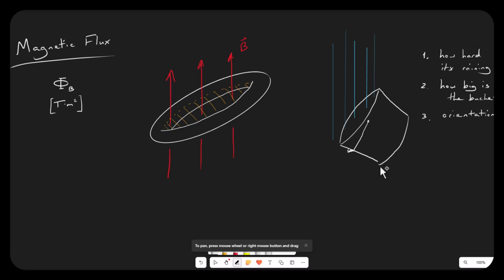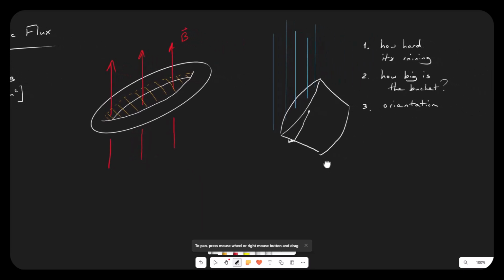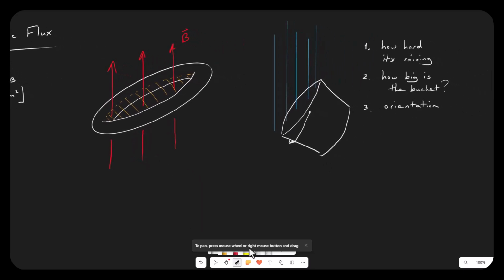So now we want to turn these into magnetic quantities. How hard it's raining? That one's easy. That is the strength of our B field. How big is the bucket? That sounds like an area. So that is this area right here.